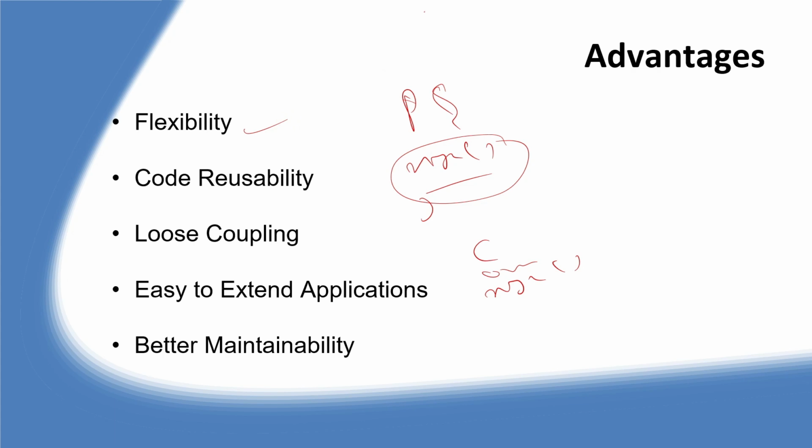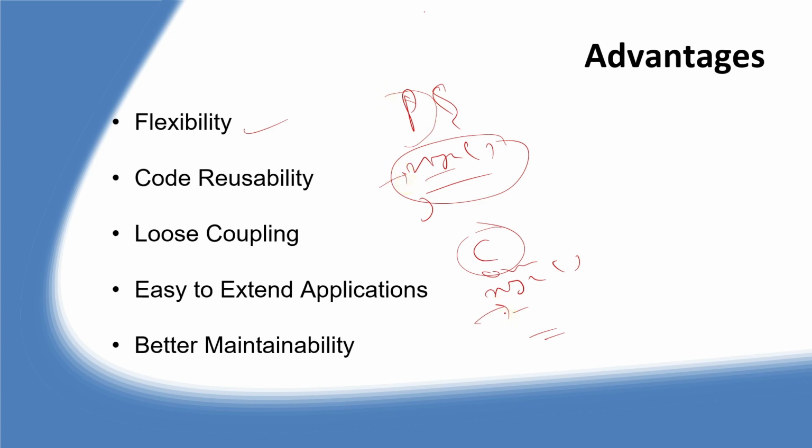And it promotes code reusability. It reduces redundancy, and gives loose coupling. So it is reducing dependency between classes. We have the same method name but different implementation in both classes. Based on what type of object we are creating, whether from the parent class or the child class, that method will get called.